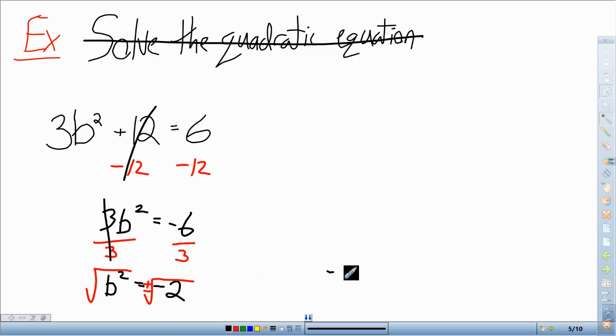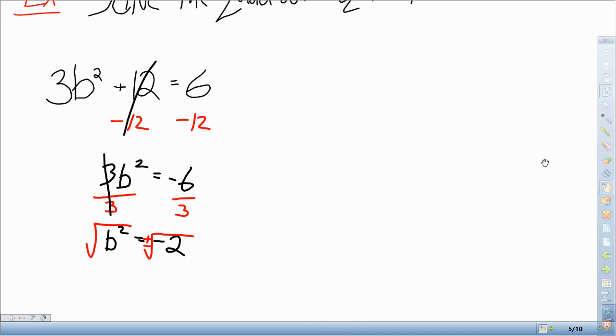If I do negative 2 times negative 2, I get a positive 4, and if I do 2 times 2, I also get a positive 4. So there's no way for us to find the square root of a negative number. Because of that, this is an example of a problem that has no solution. So look out for that. If you ever end up with a negative underneath a radical, your answer is no solution.